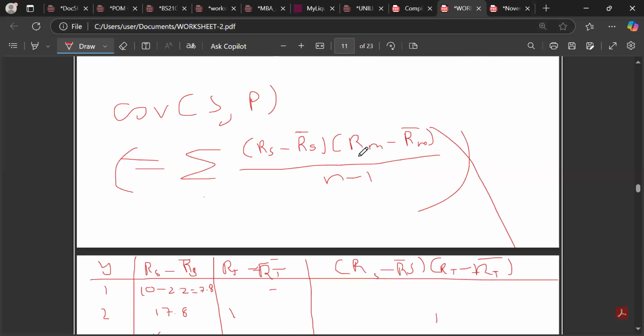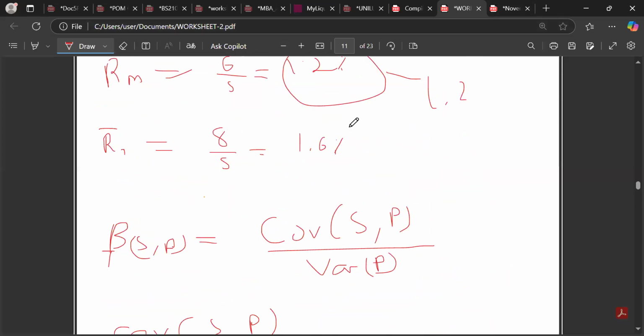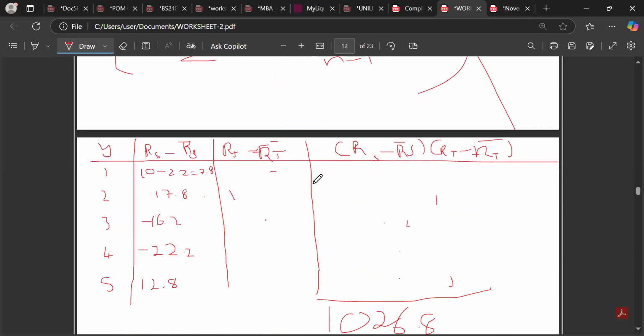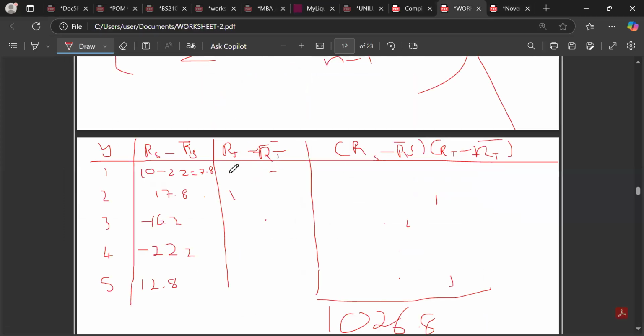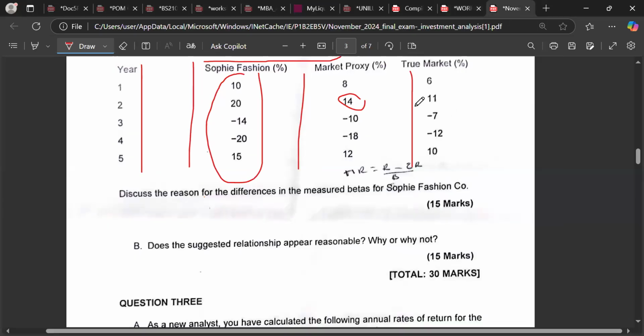So now remember, our true market return, average return of 1.6 here, right? So the first one is going to be the 6. 6 minus 1.6 gives us 4.4, right? The next one is going to be 11 minus 1.6.